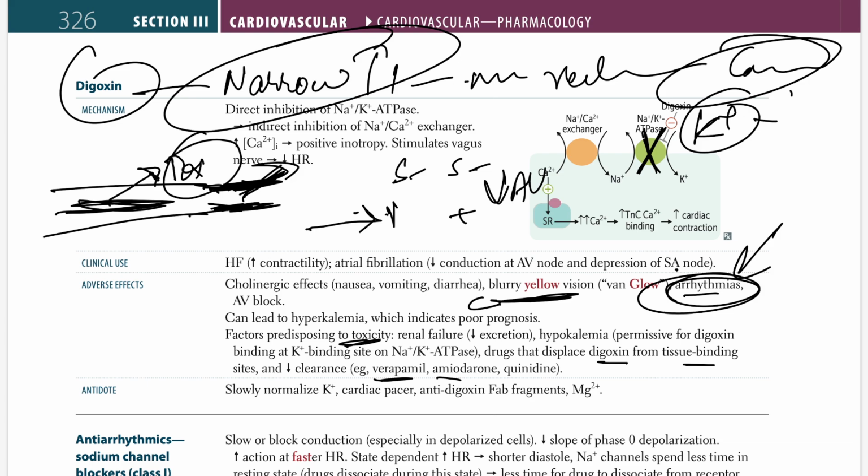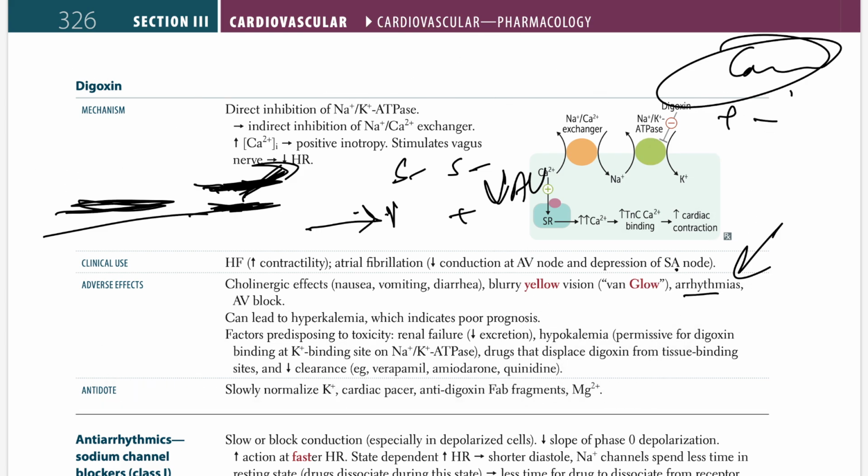What else might you see here? If there is toxicity, the antidote is high yield again. First, you stop the drug. Second, you slowly normalize potassium.